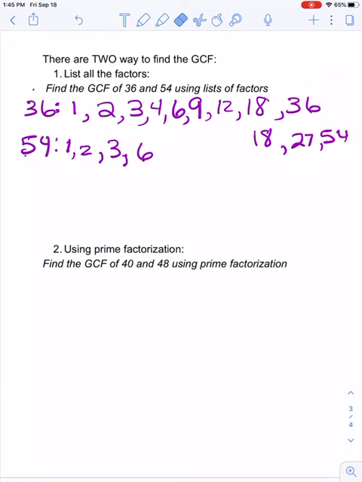Let's do it that way instead. 6, 12, 18, 24, 30, 36, 42, 48, 54, 60. So when I skip count, 6 does get me to 54.